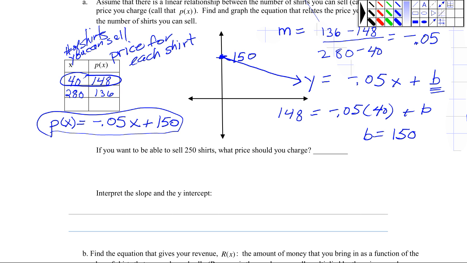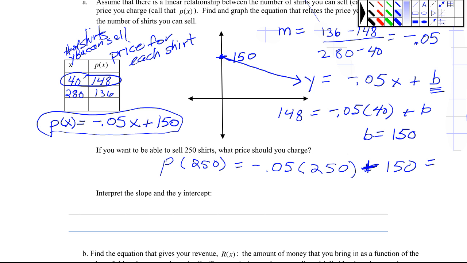This equation tells you you should sell the shirts for whatever you get when you plug 250 into the price equation. And if you work that out, plus 150, you end up getting $137.50.